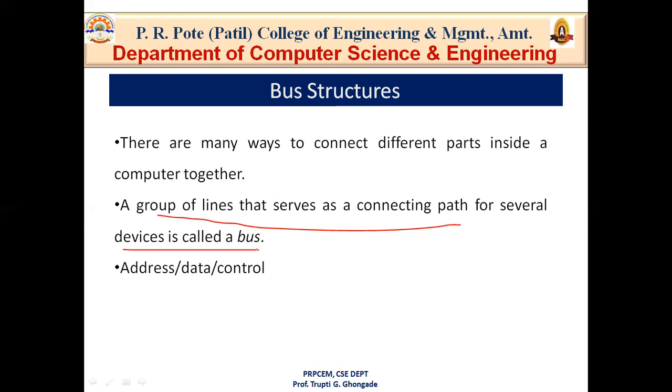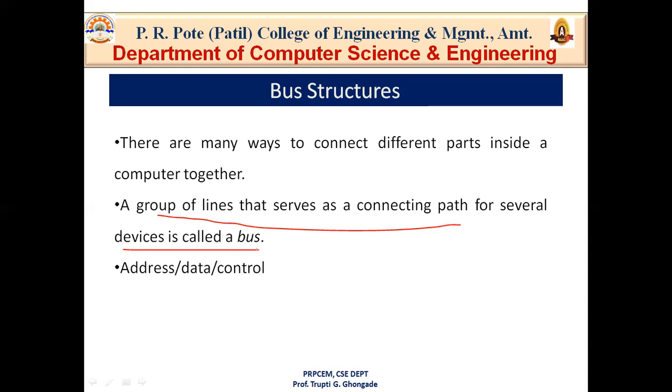Okay, so the group of lines or group of wires that serve as a connecting path for several devices is called a bus. The bus which interconnects the central processing unit, memory unit, and input output unit is called the system bus, and the system bus functionality is divided into three groups: address bus, data bus, control bus.